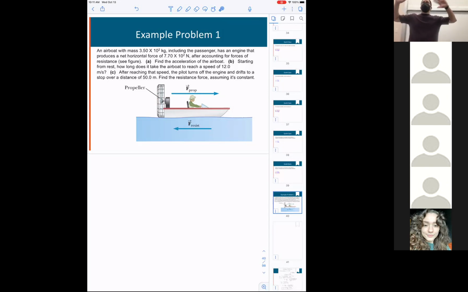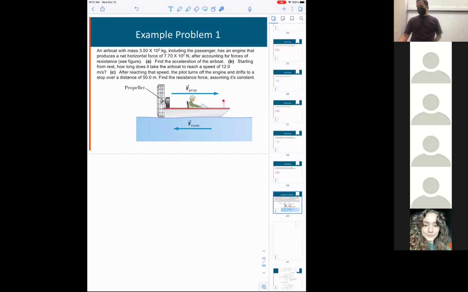Technically, the fan blades are pushing against the air, and the air is pushing back against it. And this thing moves forward with a force of the propeller, which we call F propeller. And that's 770 newtons. Oh, sorry, I take it back. The net force is 770 newtons forward.